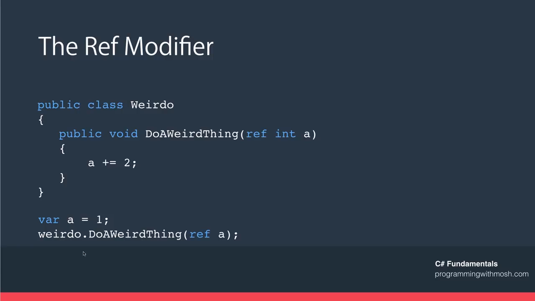I'm completely against this concept. I think it's a code smell and I want to make sure that you're never going to use this. But if there are classes written by other people or perhaps somewhere in .NET Framework where a parameter is defined with the ref modifier, I want you to know that in order to call that method, you need to specify the ref modifier here. Honestly, I can't remember off the top of my head whether we have places in the .NET Framework where methods are defined with the ref modifier. But that's all I want you to know.